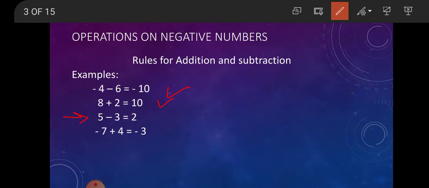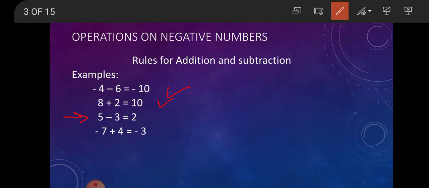We will subtract these two numbers and we will write the sign of the number which is greater. If we just look at the absolute value, 5 is greater, so we are going to write the sign of this number with the answer. And as I told you earlier, we normally do not write the positive sign with the answer.